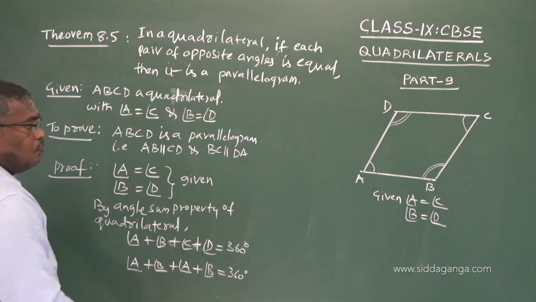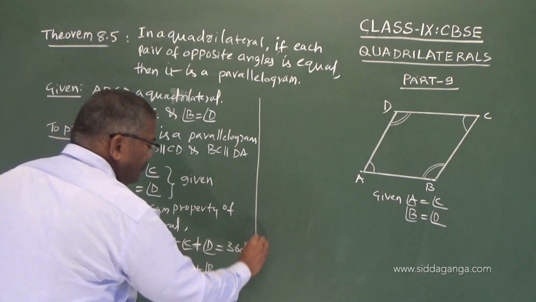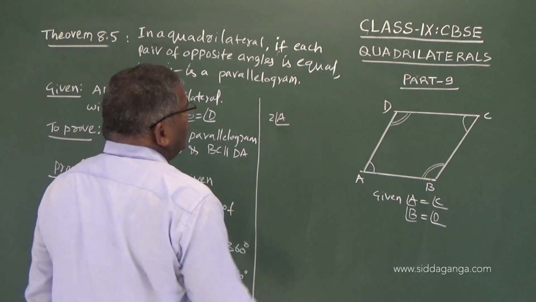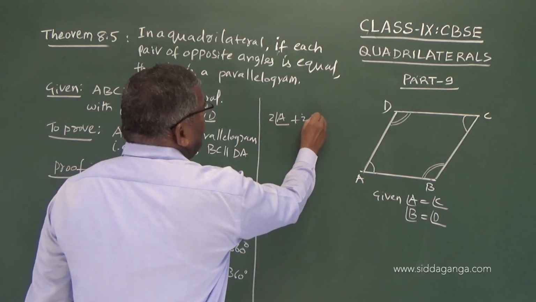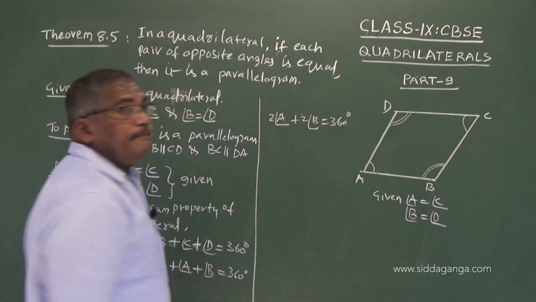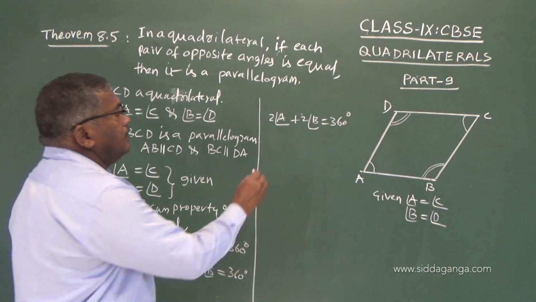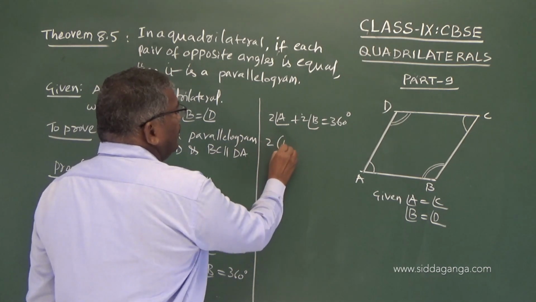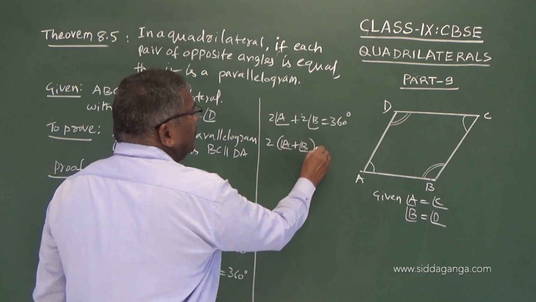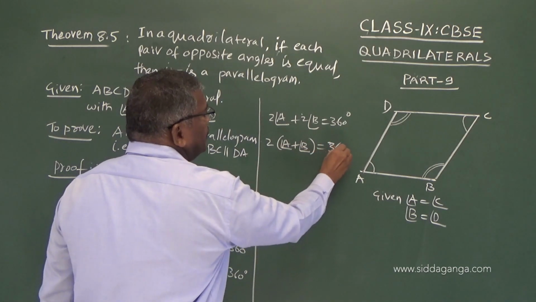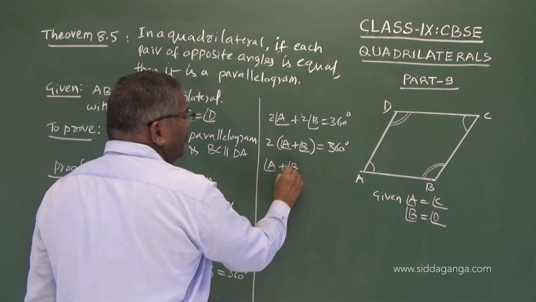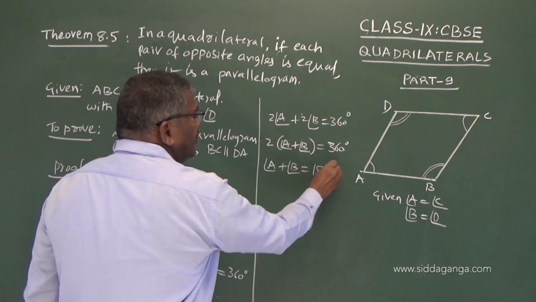So 2A plus 2B is equal to 360 degrees. Taking two as a common factor, 2 times angle A plus angle B is equal to 360 degrees, or angle A plus angle B is equal to 180 degrees.